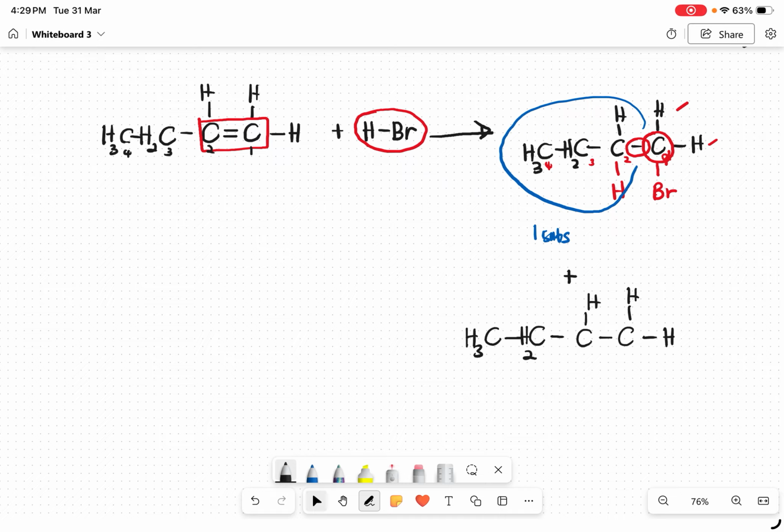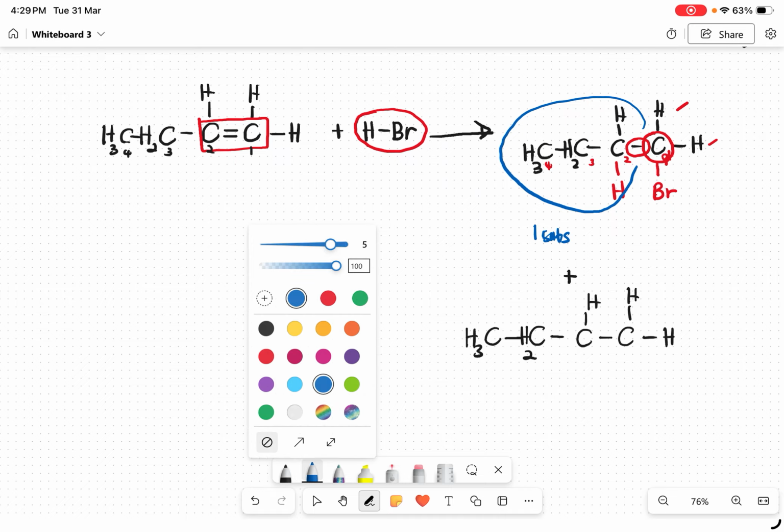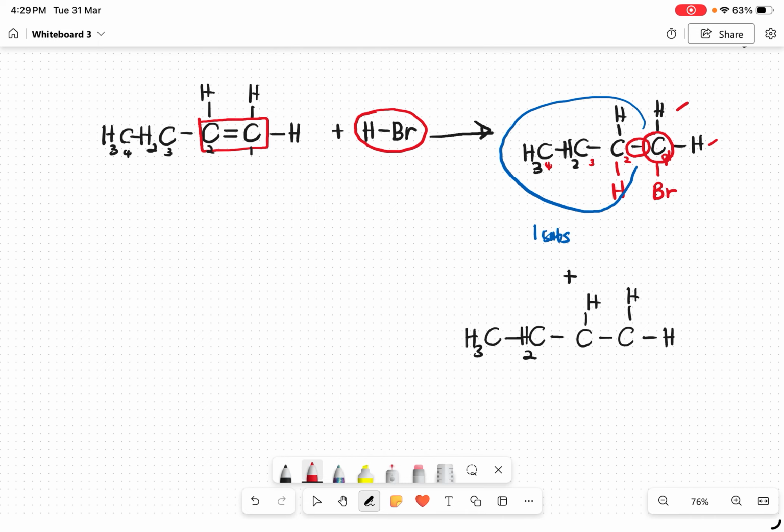Now the second one: here Br is attached at carbon number 2. There are two possibilities: hydrogen attached at carbon number 1 and halogen at carbon number 2, or halogen attached at carbon number 1 and hydrogen at carbon number 2. So now the second scenario is Br attached at carbon number 2.